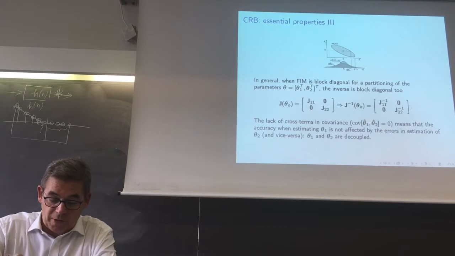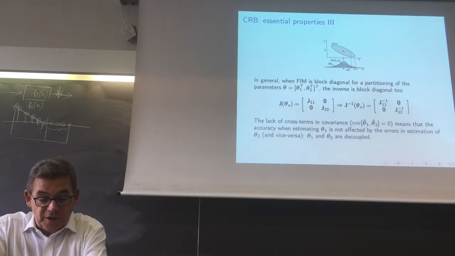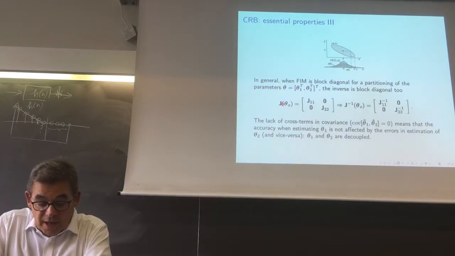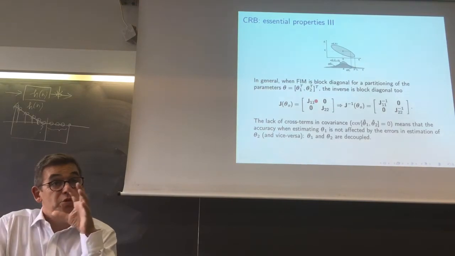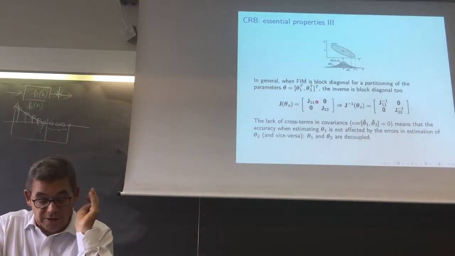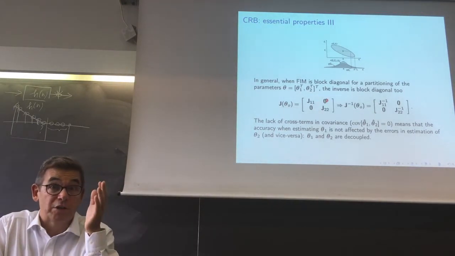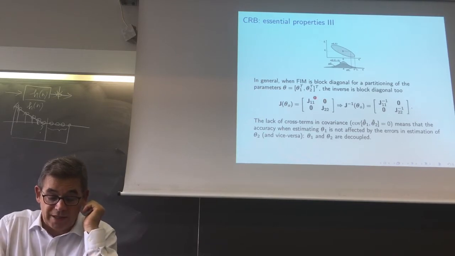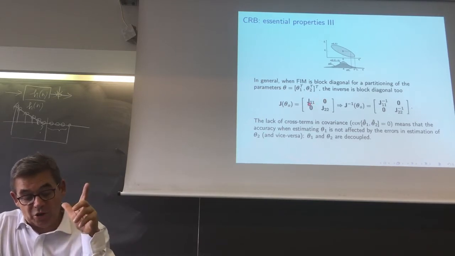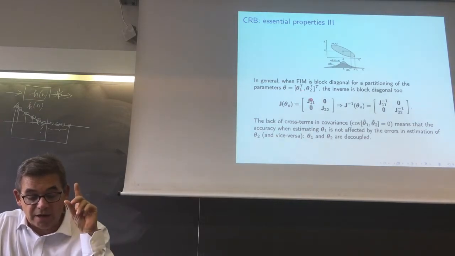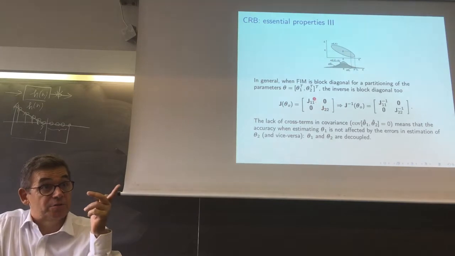So going back to the point, in the general case, if the Fisher information matrix behaves in this way, so that I can partition two sub-blocks of parameters such that the cross terms, the off-diagonal terms, are 0, then we can say that the parameters in the group theta 1 are decoupled from the parameters theta 2.